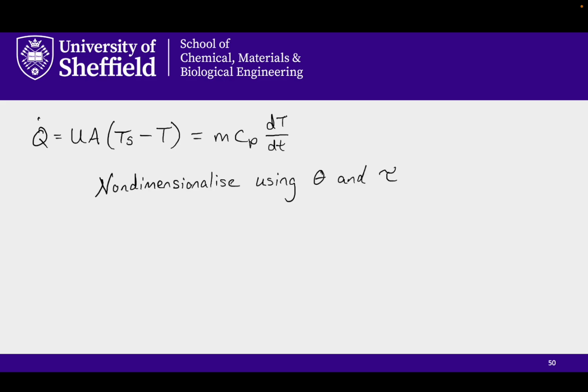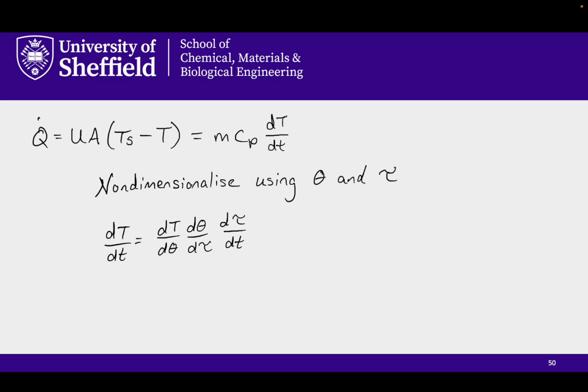So to work with this equation, we could actually just solve it directly, but I'm going to non-dimensionalize it to give us a little more practice with that non-dimensionalization, and we're going to be using the parameters theta and tau.